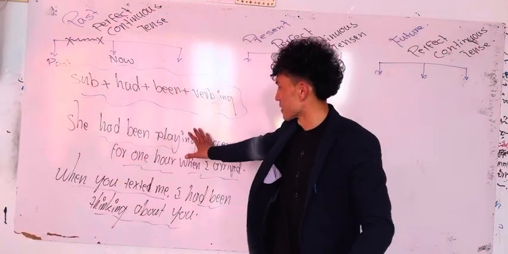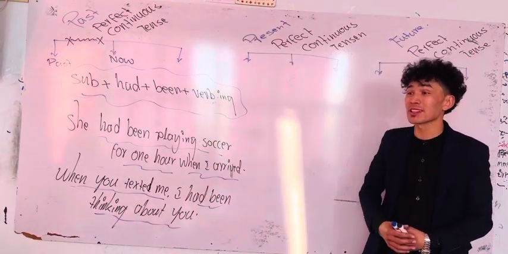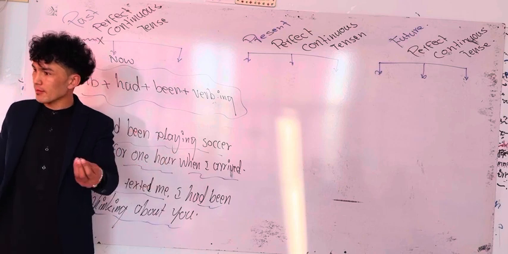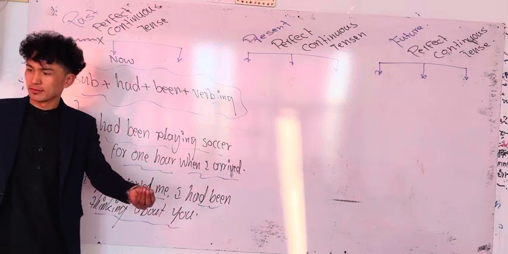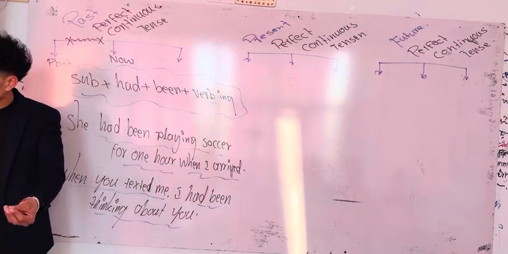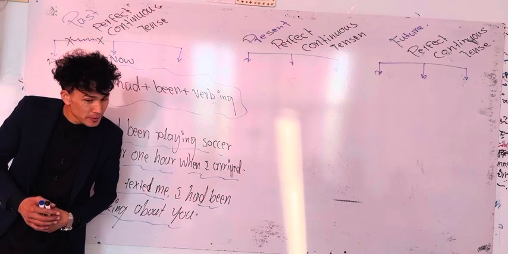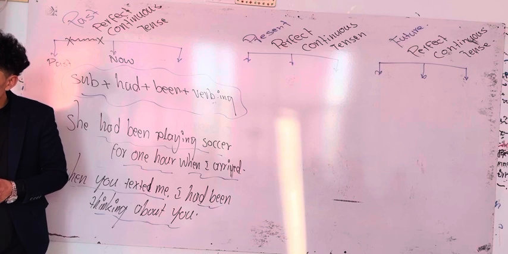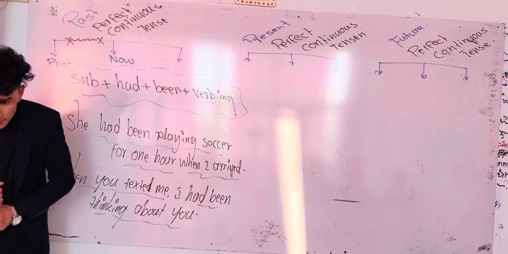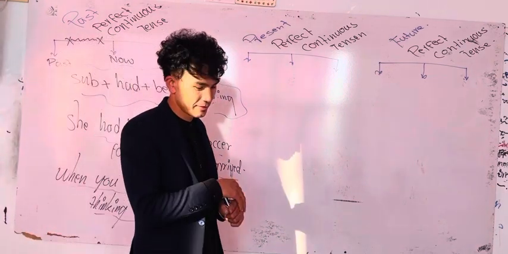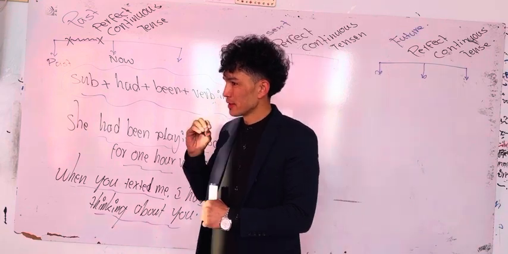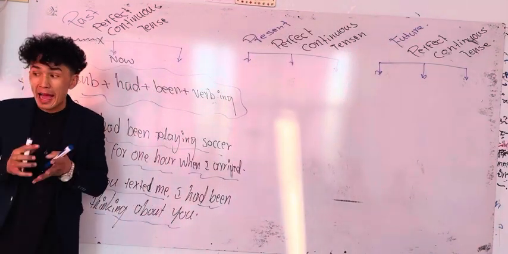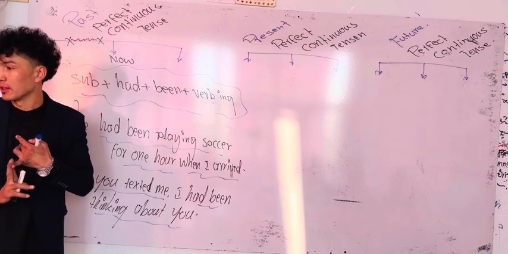Make more examples, please. Go. According to the structure and use of past perfect continuous tense. Go. I had been writing an essay before you called me. Before you called me, I had been writing an essay. For how long?